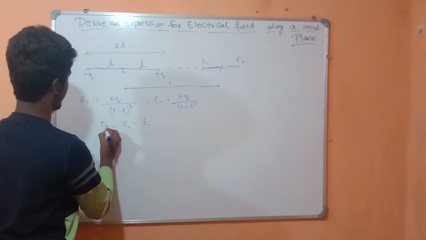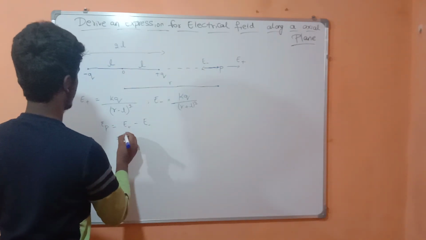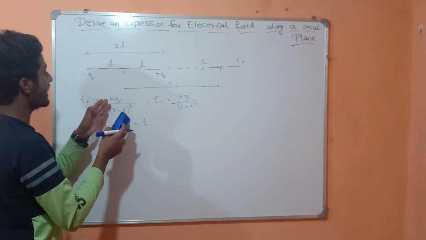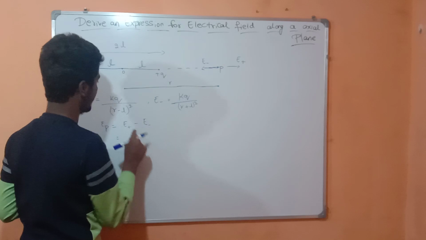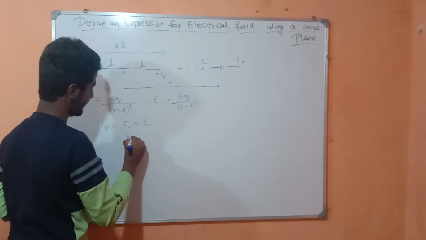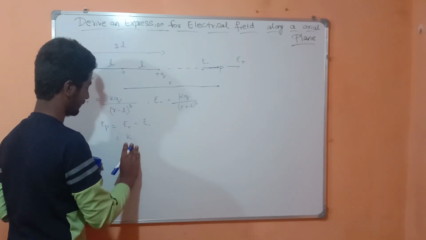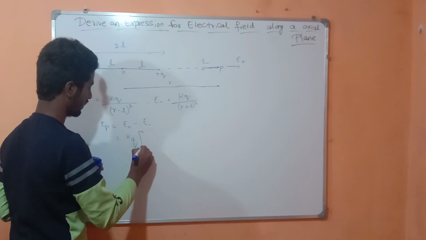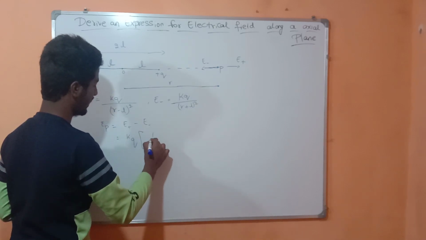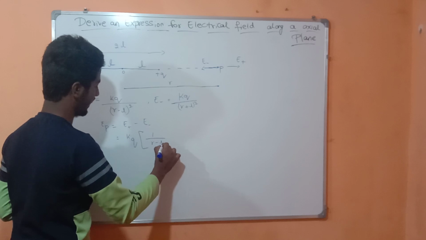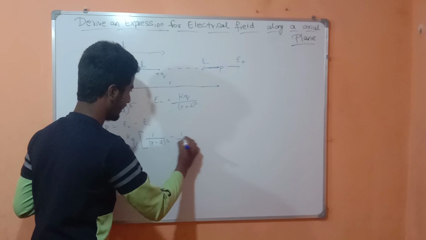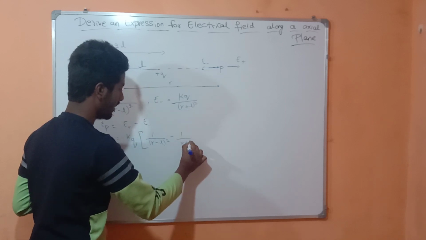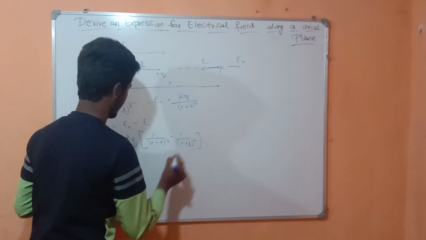Let me take KQ as a common factor, dear children. We have E plus and E minus, with the common factor KQ. It becomes KQ times 1 divided by (R minus L) square minus 1 divided by (R plus L) whole square, dear children.